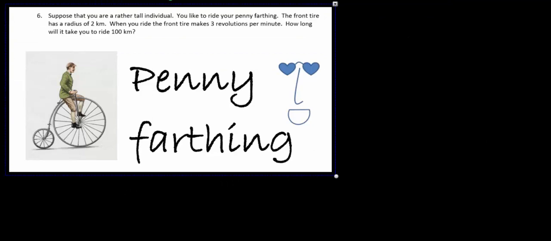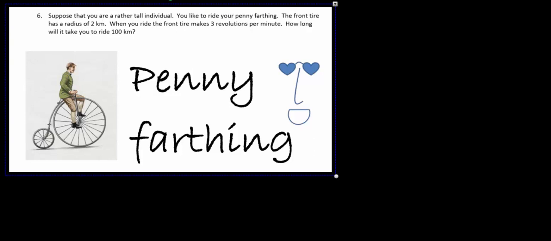Okay, now this problem right here is kind of an example of how using radians can be helpful to us. So you like to ride your penny farthing, let's say, and the front tire has a radius of 2 kilometers. My goodness, 2 kilometers.